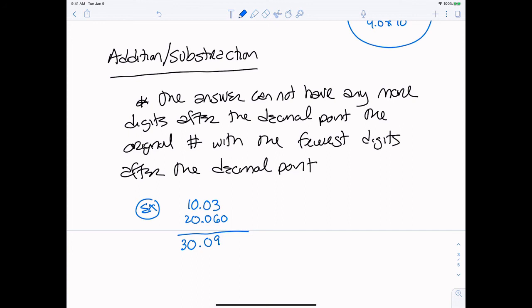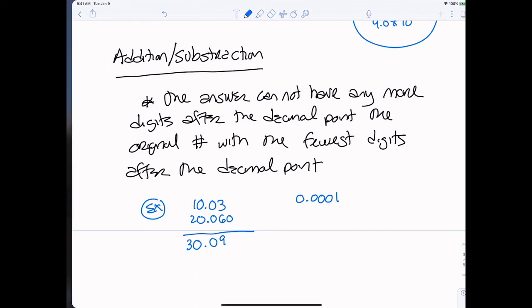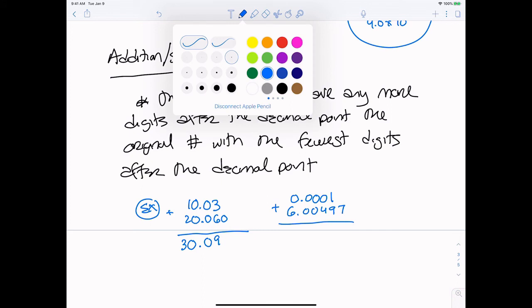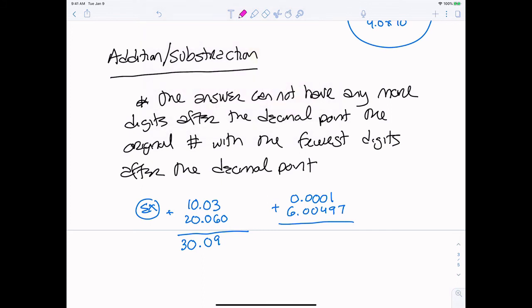How about if I was to do 0.0001 plus 6.00497, and we're adding again. So the first number, this is kind of where folks will go astray. 0.0001 is actually only 1 significant digit, right?